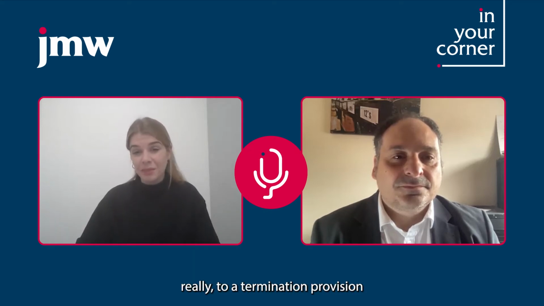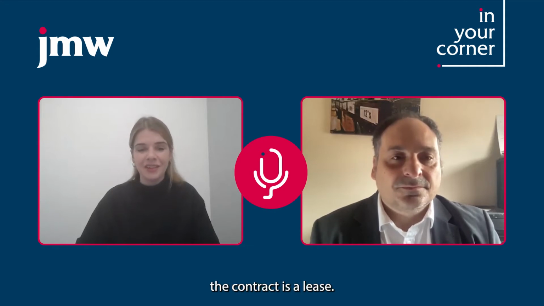So this right of re-entry is essentially what we mean when we refer to forfeiting a lease. So it's similar in nature really to a termination provision in any contract, but in this context, the contract is a lease.